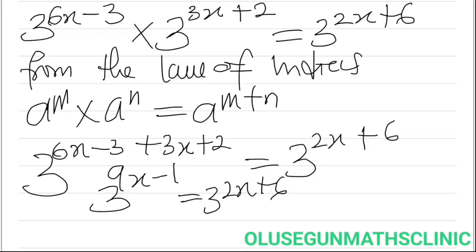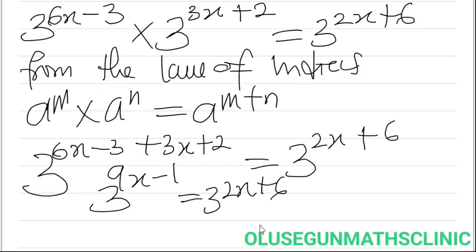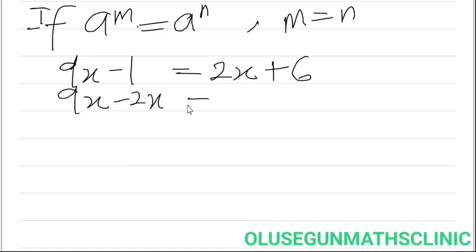Since the bases are equal, it will now give us 9x minus 1 is equal to 2x plus 6. So let's collect the like terms. 9x minus 2x is equal to 6 plus 1, giving us 7x is equal to 7.